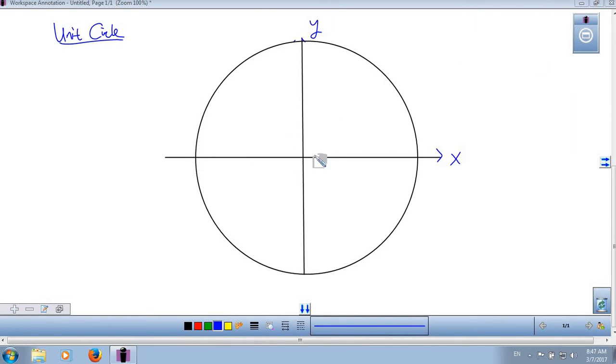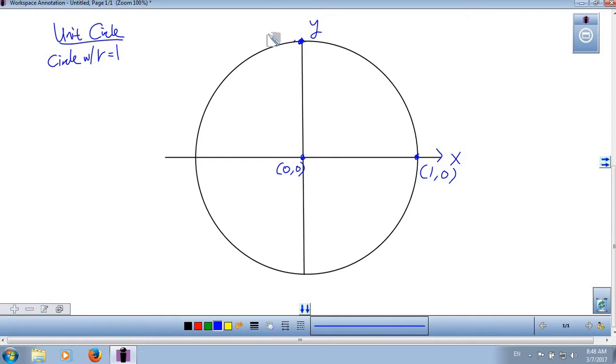Alright, so if the radius of this circle is 1, a unit circle is a circle with r equal to 1. So the radius is equal to 1, okay? That means from the center to this point the distance is 1. So the origin is (0, 0), and this point on the x-axis is (1, 0) because the x-coordinate is 1, the y-coordinate is 0.